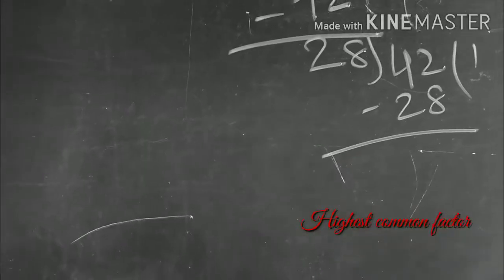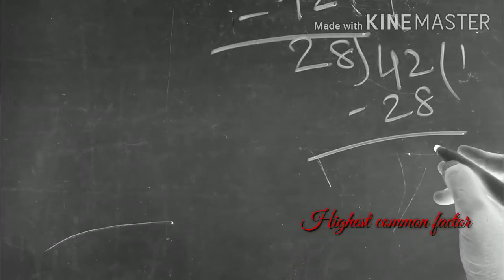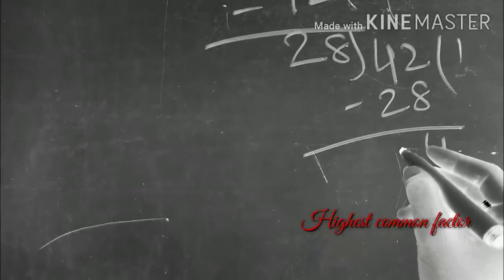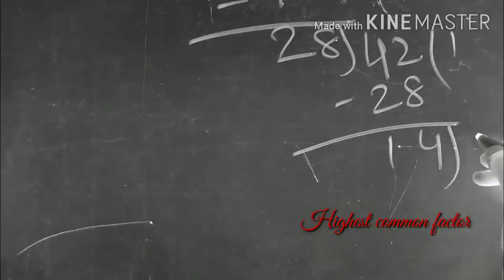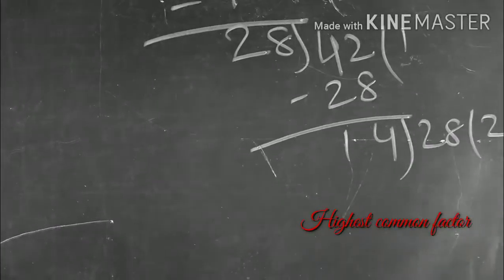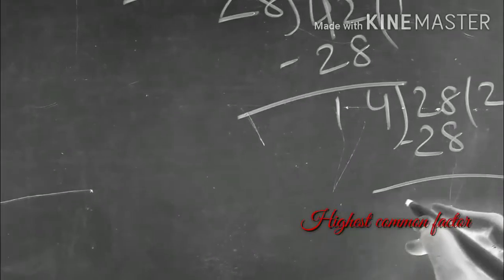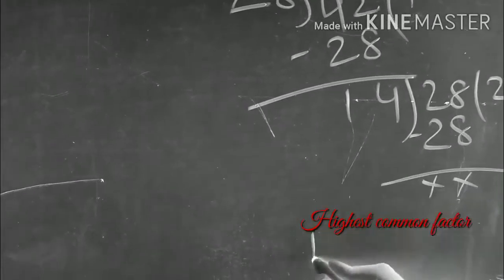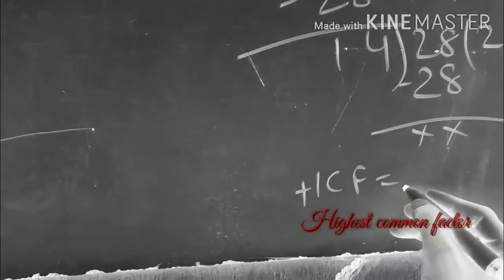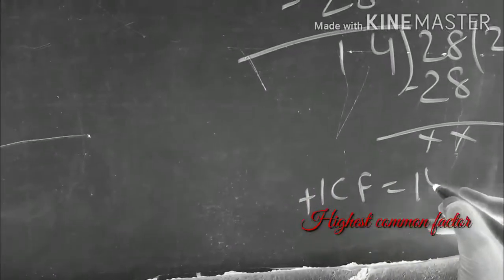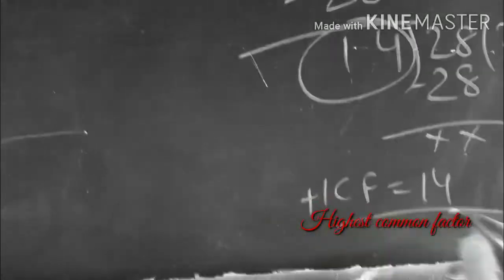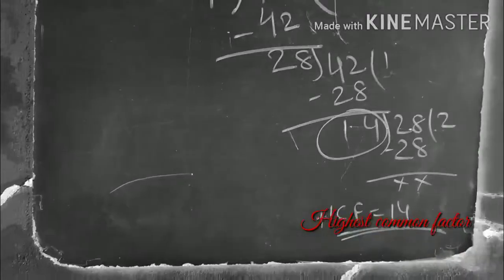After subtracting, 12 minus 8 is 4, 3 minus 2 is 1, 14. This 28 will come here. 14 times 2 is 28. Cancel. The HCF of this question is 14.